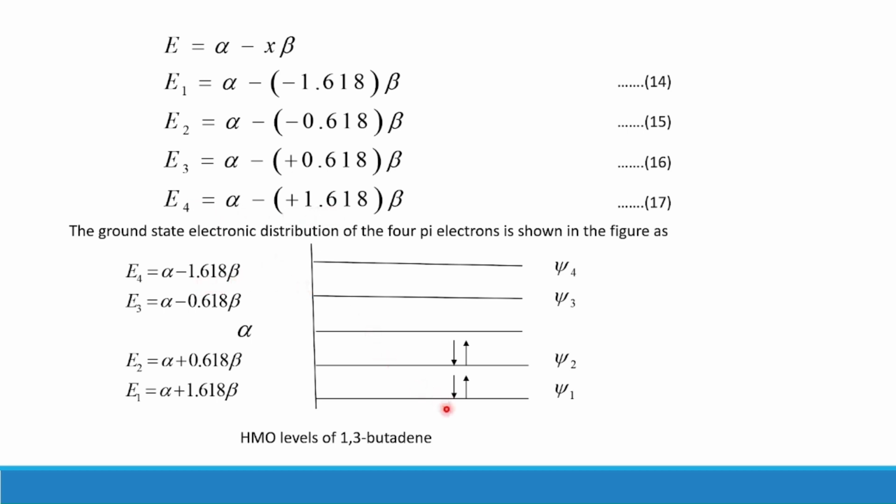So we can get the values of the energies for the different levels, that is psi 1, psi 2, psi 3, and psi 4. So these are the HMO levels of 1,3-butadiene, where we have shown the energies of the four levels.